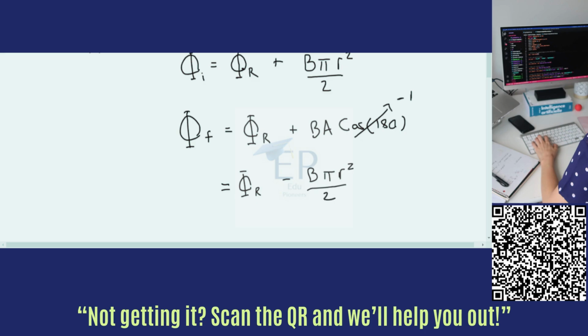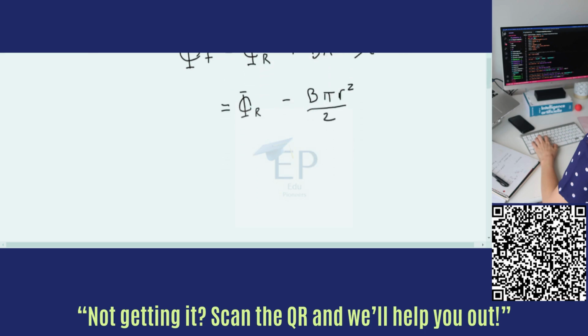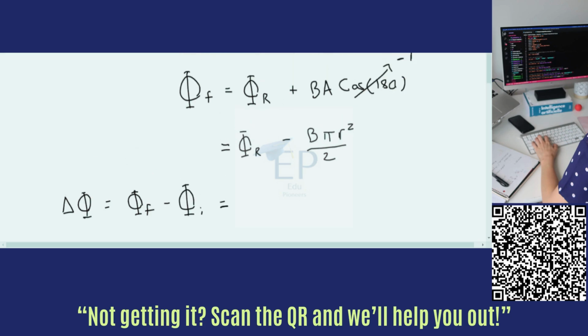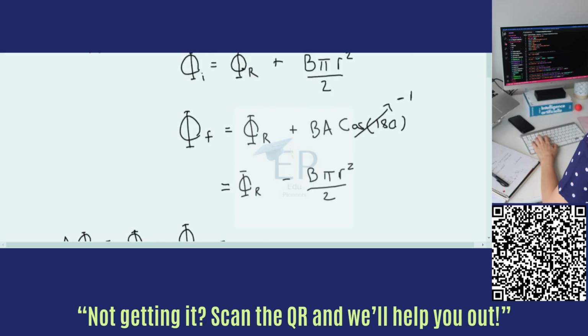Now, if we look at the change in the flux here, we'll just take the final flux minus the original. So we can see if we subtract flux initial from flux final, they both have a rectangular contribution to them here. So those will just cancel each other out.